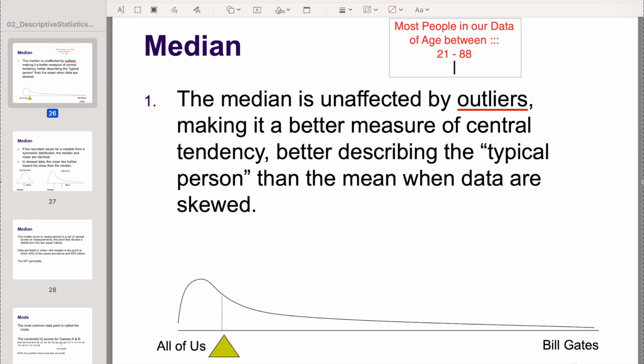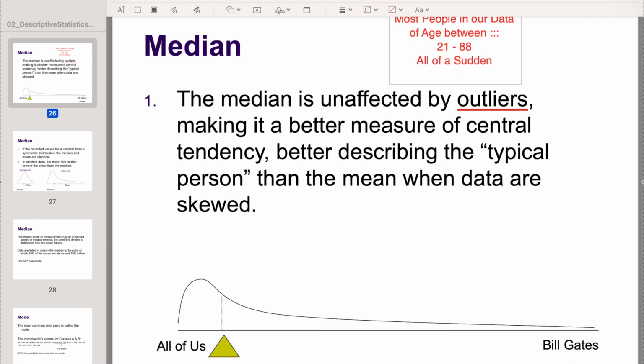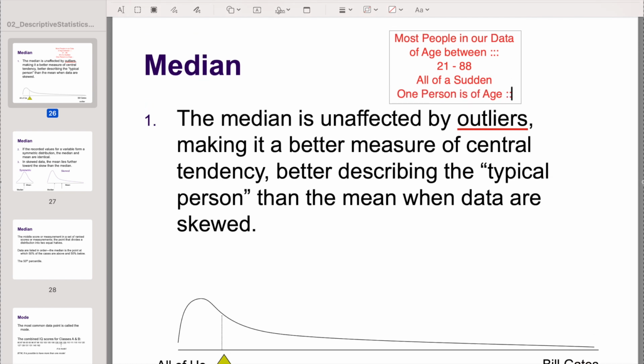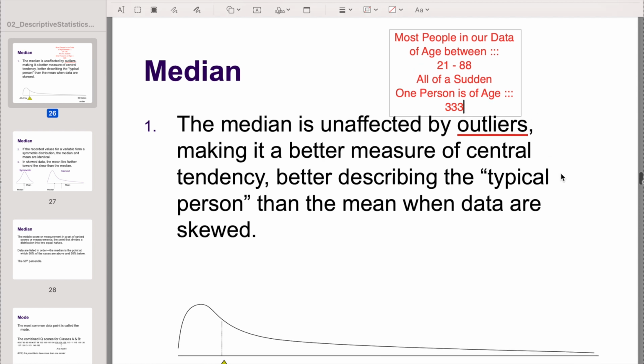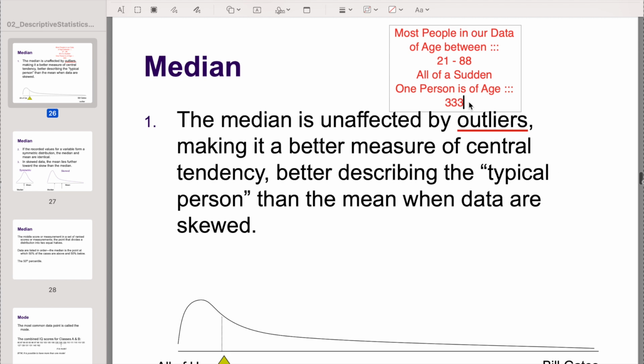And then all of a sudden we have one person of age 333 years old. Is this possible? Everything is possible. There is a person of 333 years old age in our data.